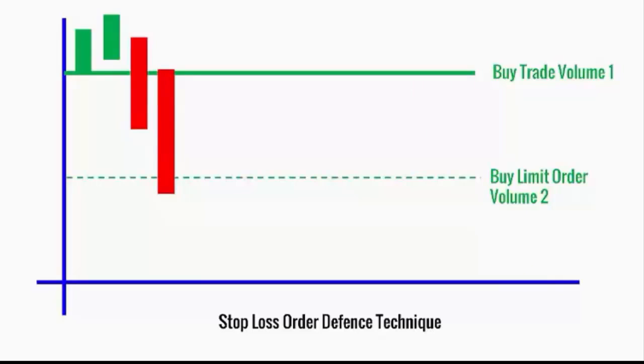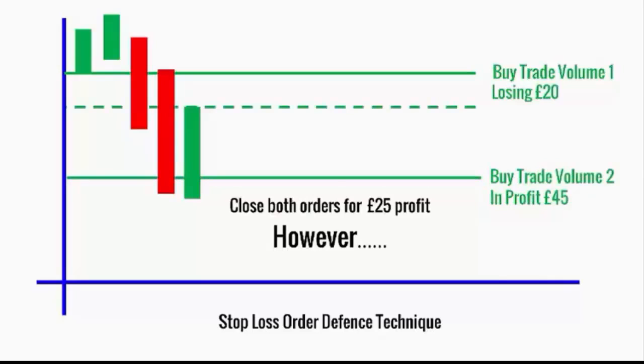So the price continues to fall and the buy limit order is triggered, and we end up now with two buy orders, one of volume 1 and one of volume 2, both of them currently in loss. Now, if the price turns around and starts to go up, then the buy order with volume 2 goes into profit, and it's got twice as much profit rate of growth as the first order.